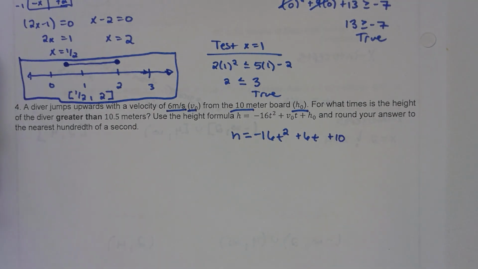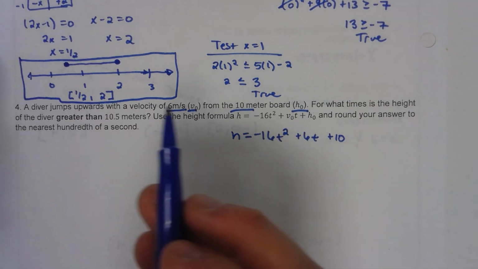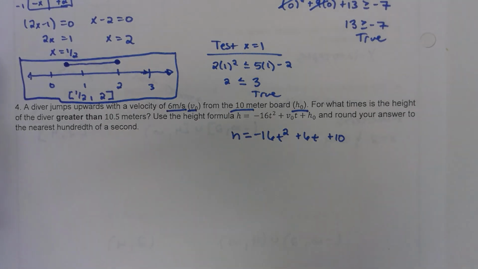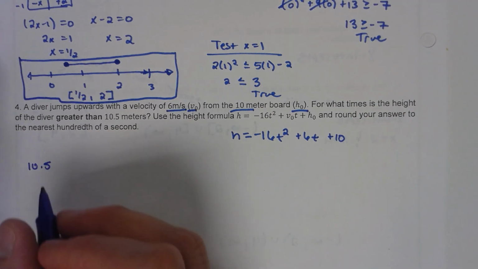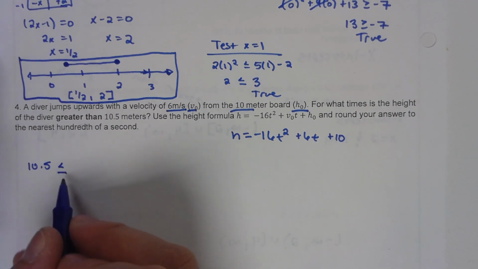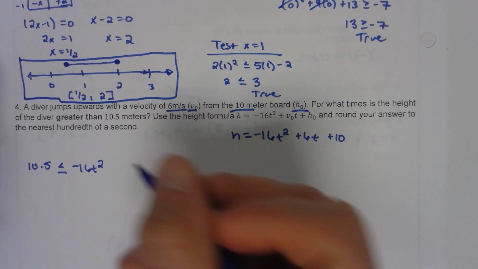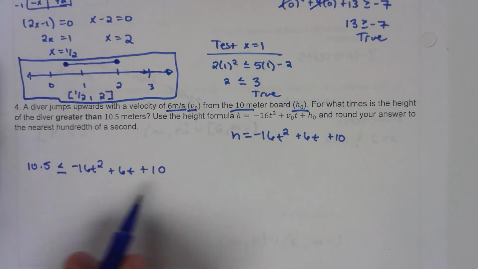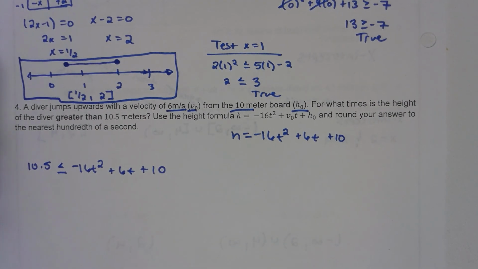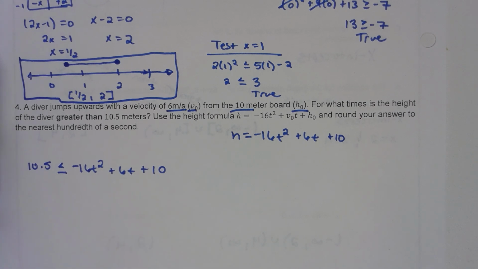We are trying to figure out when the diver's path modeled by this equation is above 10.5. So h is 10.5, that's the height. We want the diver's path, so the greater than pointing towards his path, to be negative 16t squared plus 6t plus 10. So this inequality is saying: when is the diver's path greater than or equal to 10.5?